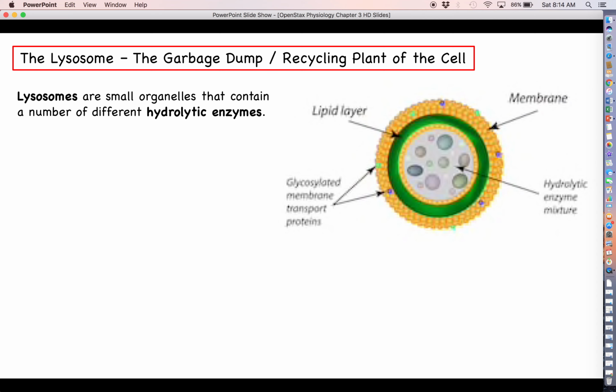And then finally, lysosomes, I said, are kind of like either the garbage dump or a recycling center, right? So lysosomes are very small organelles. They are made up of a membrane, kind of like a vesicle. But on the inside of that vesicle, they contain quite a number of different hydrolytic enzymes.